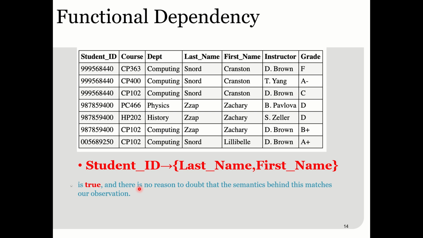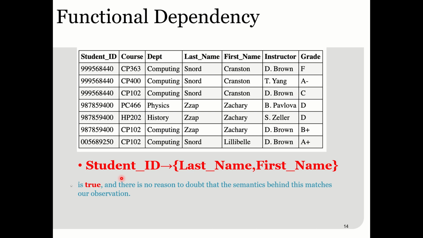Now another example which is given to you: say the same thing, you're given the student ID and the last name and the first name. So you have the student ID which gives SNORD Cranston, and say this student ID will give you SNORD Lilabelle, right? So this can clearly give you a table which clearly identifies the person with the last name and the first name.